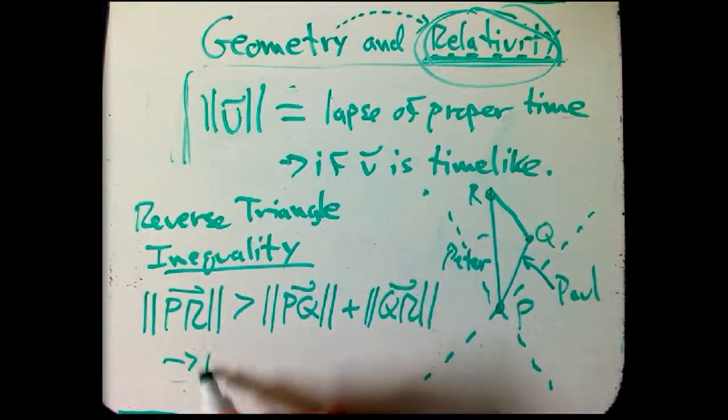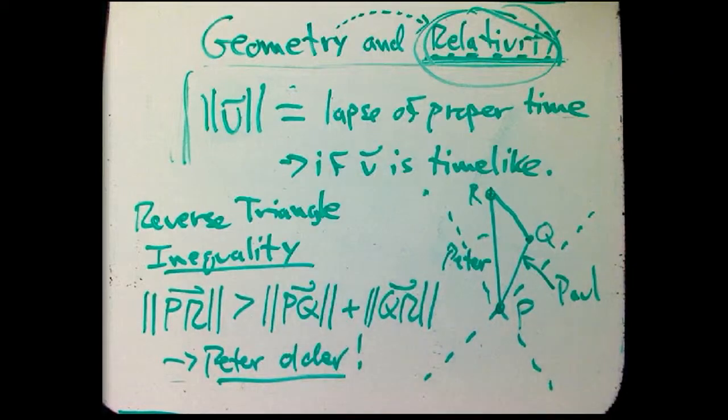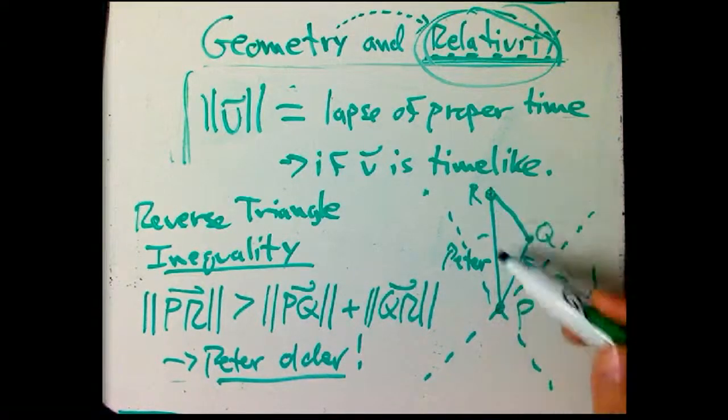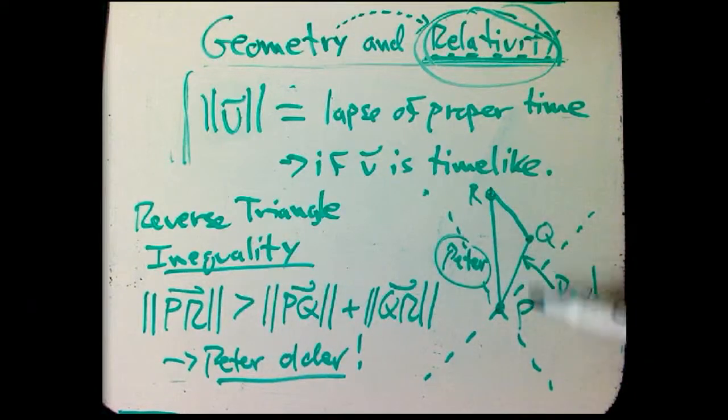And so when they meet again, Peter is older. That's a weird thing to start out being twins. Did I mention they're twins? Yeah, right. It's the twin paradox. They start out being twins, and then Peter has just experienced more time than Paul has.